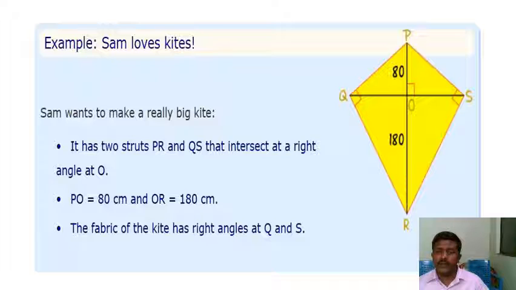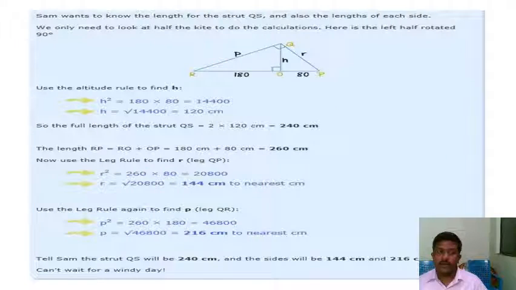So look here, PO is equal to 80 and OR is equal to 180 centimeter. The fabric of kite has right angles at Q and S. Now Sam wants to know the length for the strut QS, and also the length of each side. We only need to look at the half kite for the calculation.